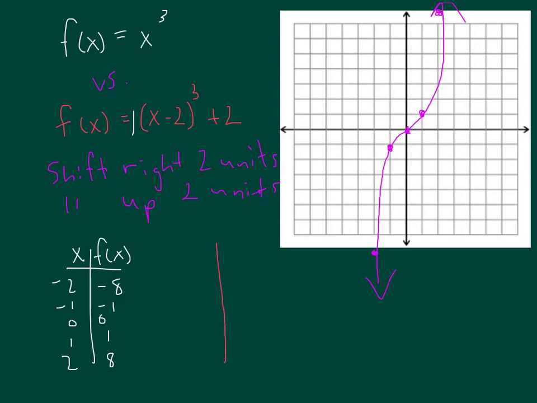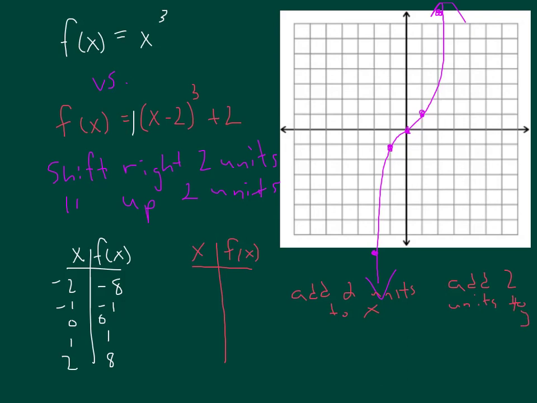The transformed cubic function. So we're going to take our x and our f of x, and I'd like to know what happens. We've gone through this in class, and this is a pretty simple one. Since we're shifting to the right, we're going to add 2 units to x, and then we're going to add 2 units to y.